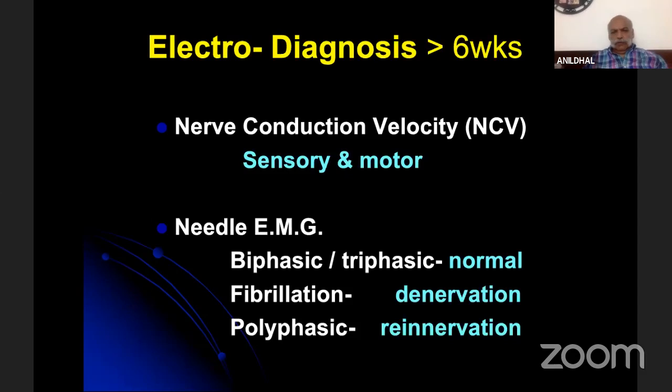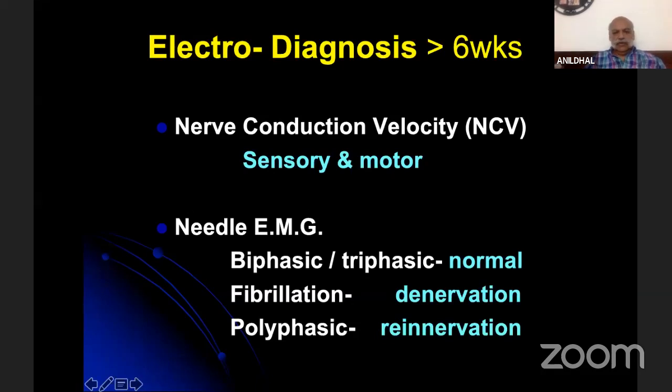Well, we talked about investigations, and we have electrodiagnostic studies which cannot be covered in total in this sort of a program, but you need to know that predominantly there are two modalities. One, the nerve conduction velocity, where sensory and motor velocity both are tested.